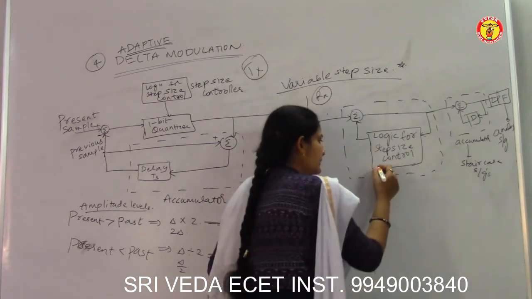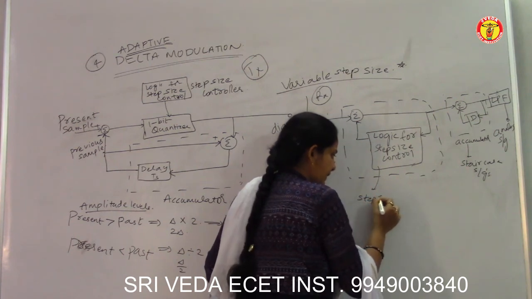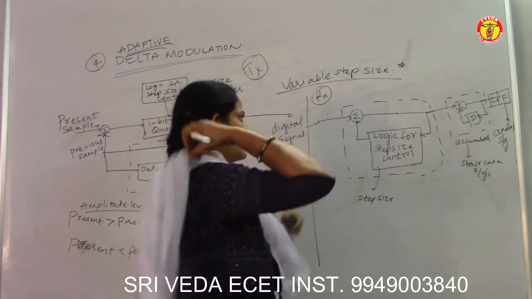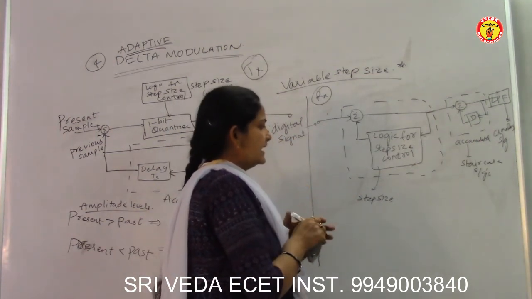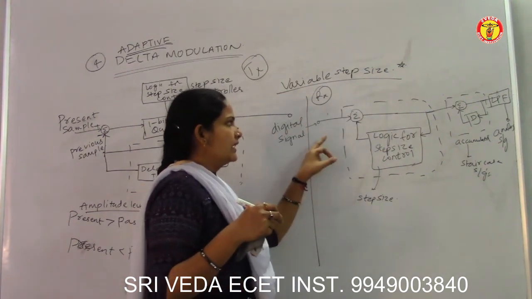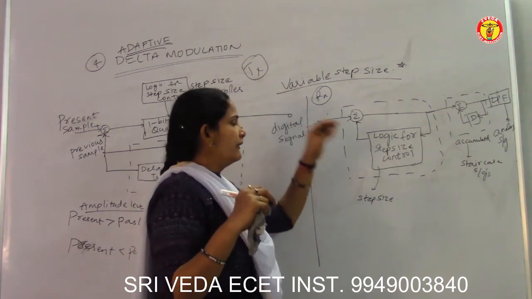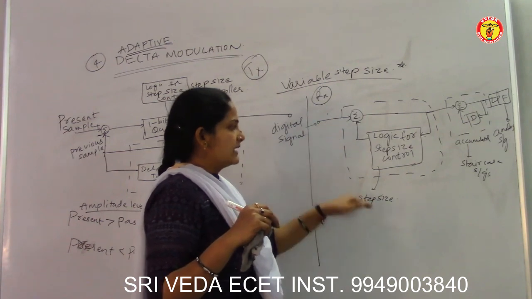This circuit is able to generate or control the step size. Based on the digital signal input here, that is binary bit 1 or 0, my step size is increased or decreased. If the digital signal here is binary bit 1, then my step size is increased or doubled. And if the binary bit here is 0, then the step size is reduced.